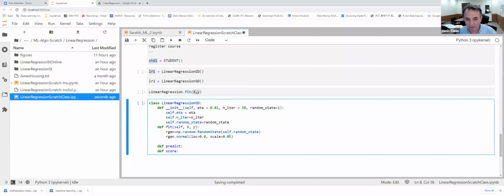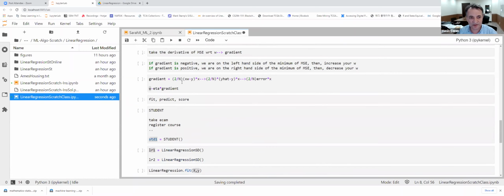So I'm generating a normally distributed random variable with 0 mean and 0.01 standard deviation. And how many random numbers am I generating? The size of this, so I'm generating an array of random numbers. So the size will be the number of observations in my data set. So shape, number of columns in my data set, right?